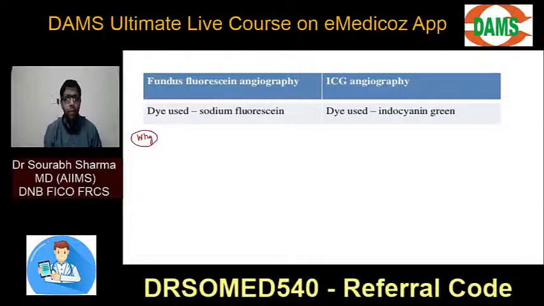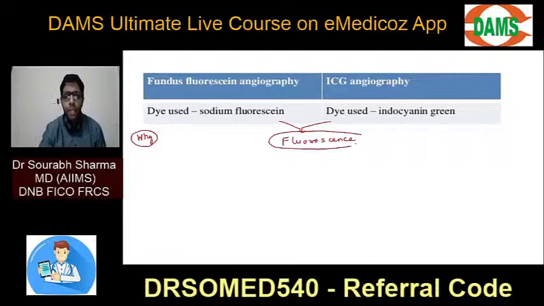There are many dyes. Why only these two dyes are used? Because these two dyes have a property known as fluorescence, a very important property on which the angiography is based. What is this fluorescence property?